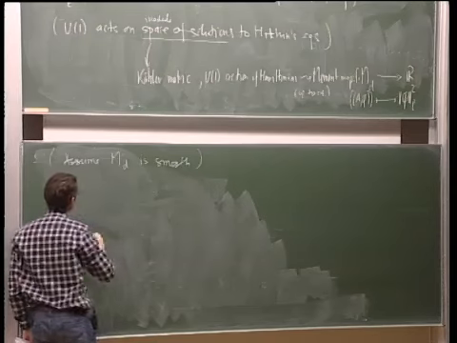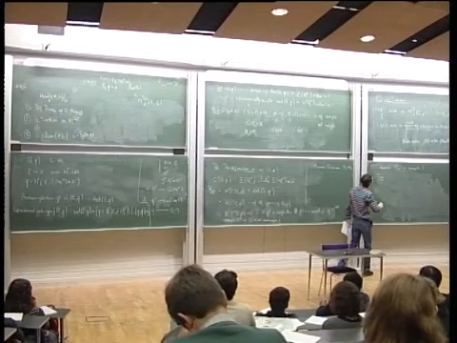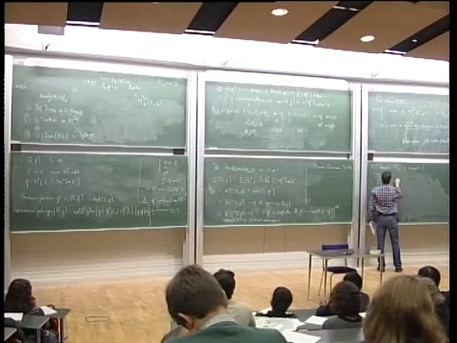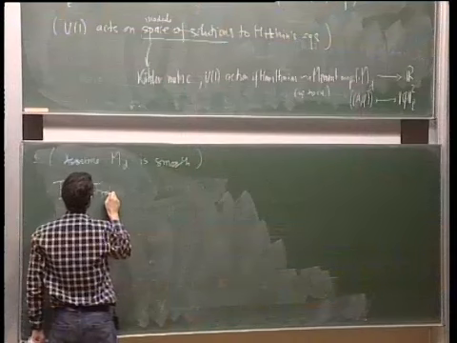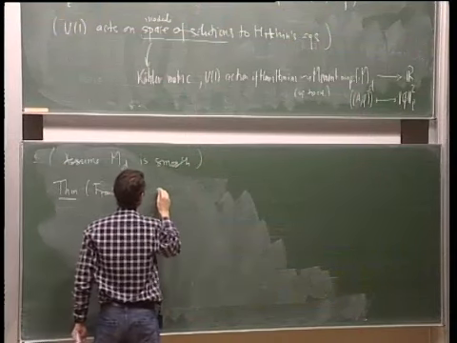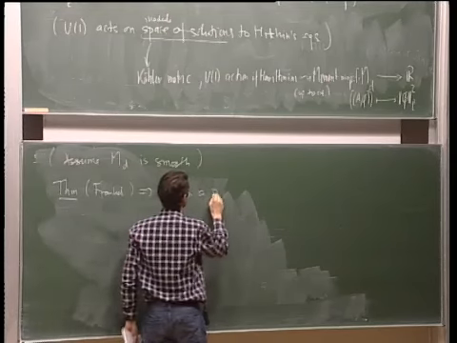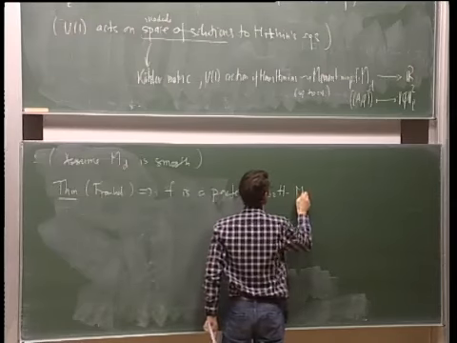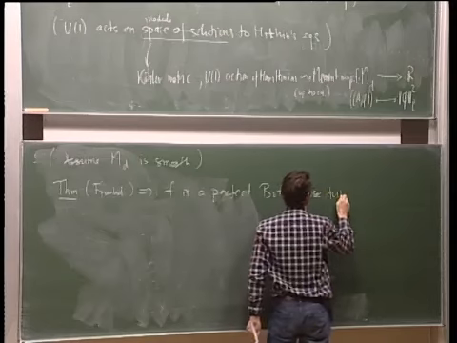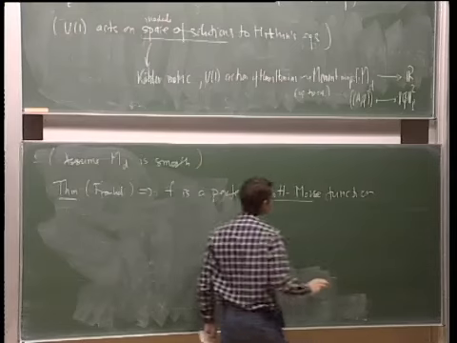So this is a general theorem whenever you have this setup. This is an old theorem from the 50s, which says that this f is a perfect Bott-Morse function. What does that mean?